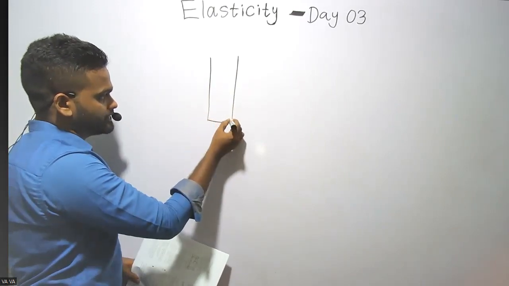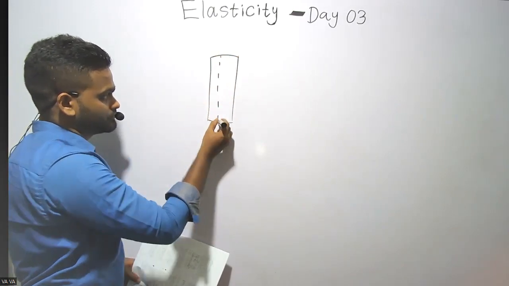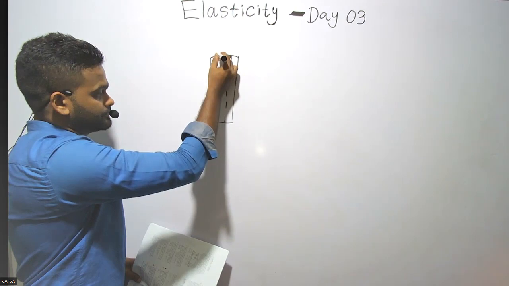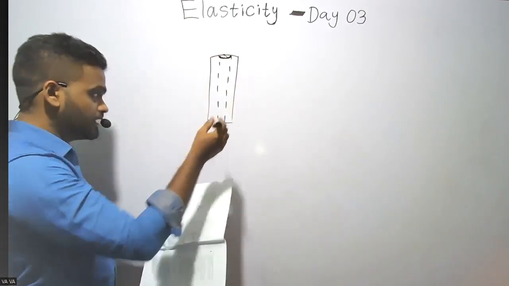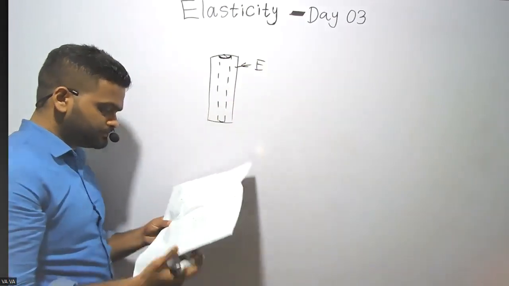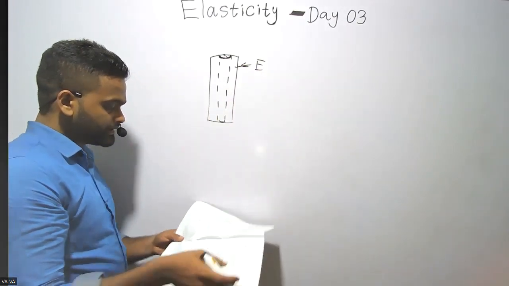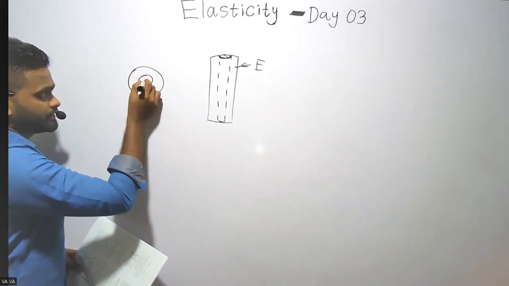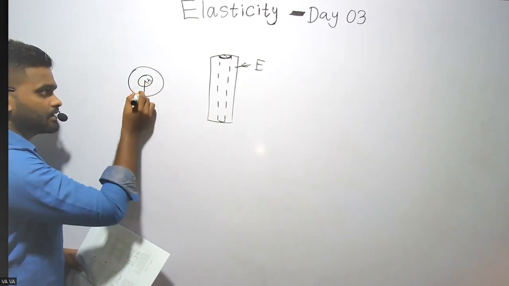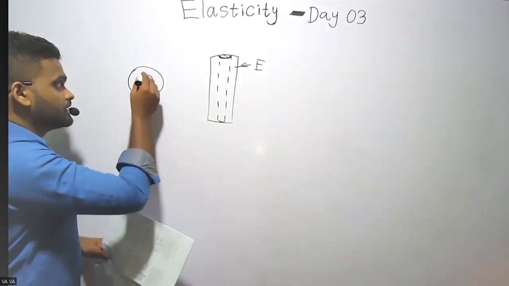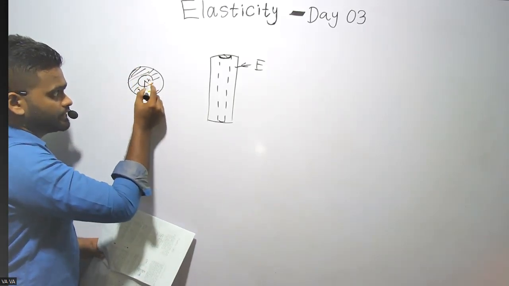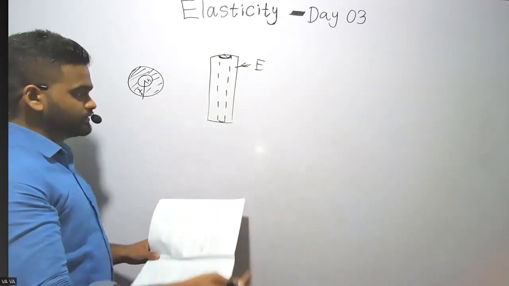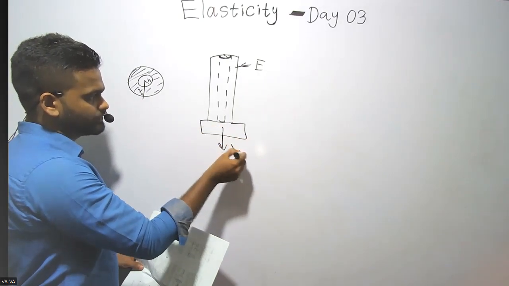Pipe means inside it is hollow, and its Young's modulus is E. If you take a cross section, the internal radius is R1 and the external radius is R2. So inside is hollow. We hang a weight W from the end of this.